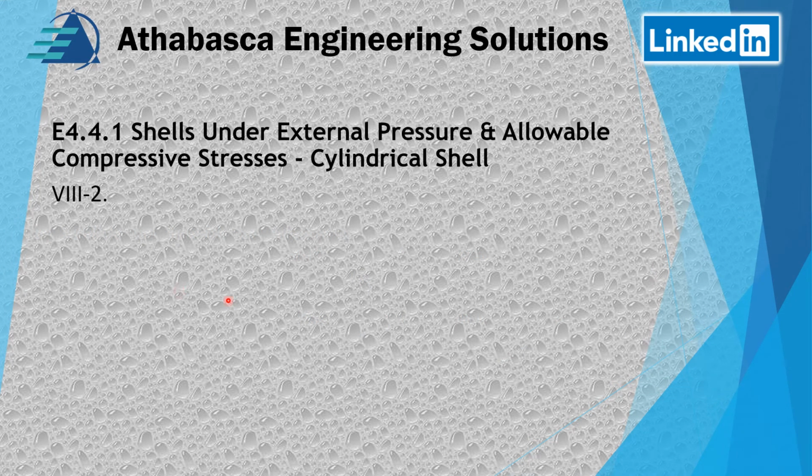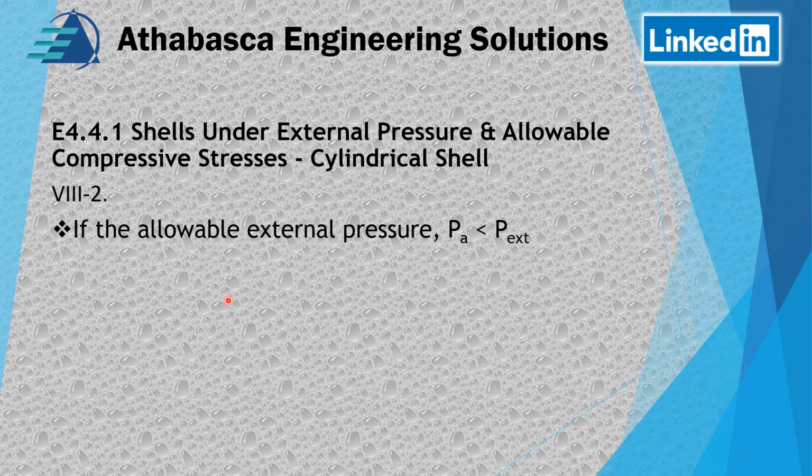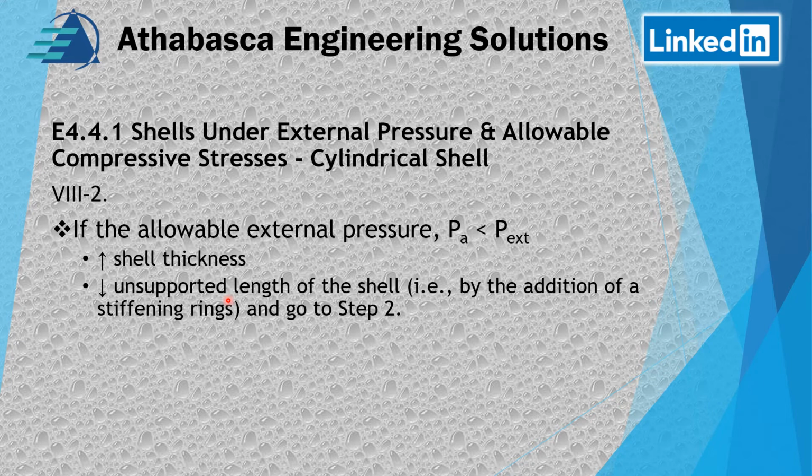And we continue onwards. We have, if the allowable external pressure is less than the required external pressure, then we can either increase the thickness of the shell, kind of alluded to in the method 1 methodology, but you can also reduce the unsupported length, right? And by the addition of stiffening rings, and then go back to step 2.